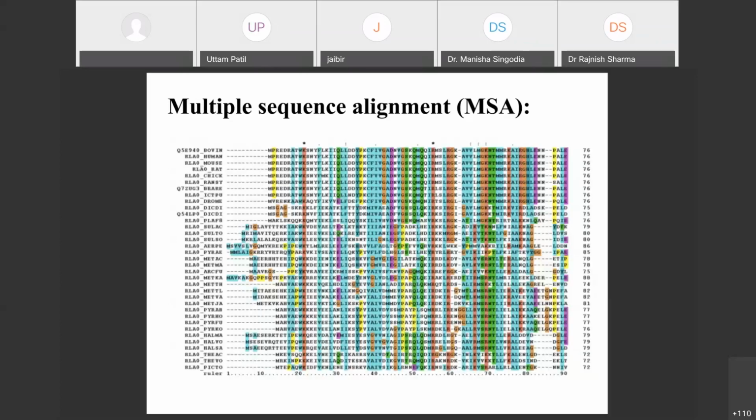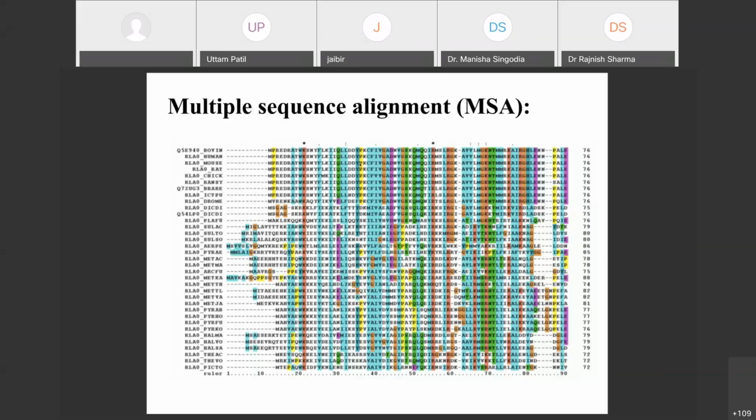So this is an example of a multiple sequence alignment, and why I am showing you this particular example is that this is an alignment of multiple sequences from different organisms. For example, you have these sequences from bovine, human, mouse, rat, chicken, and so on, different organisms, but they have the same protein, right?